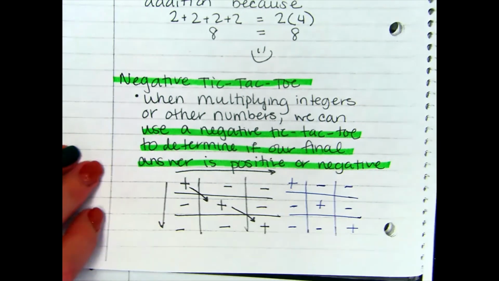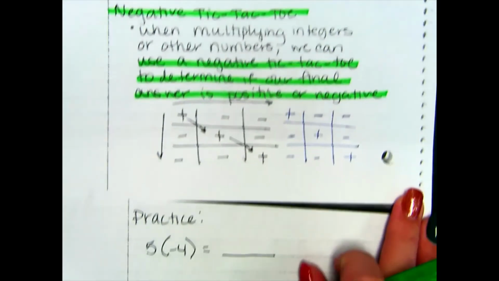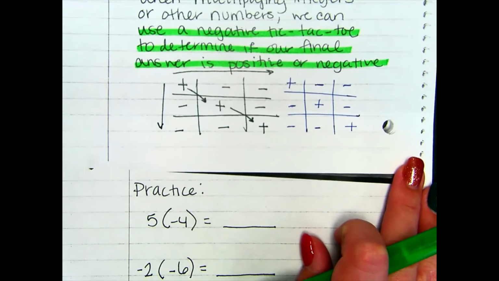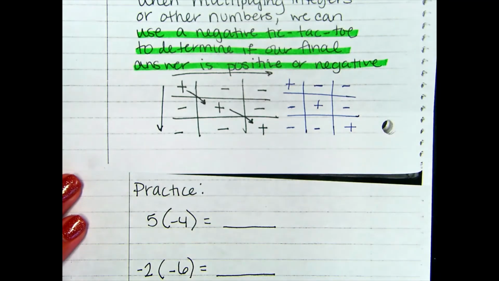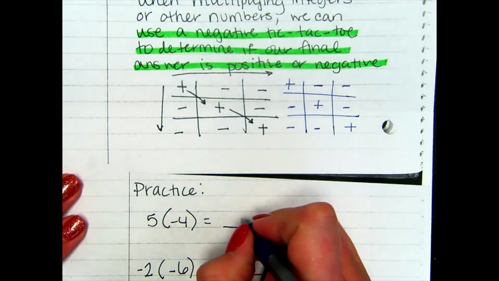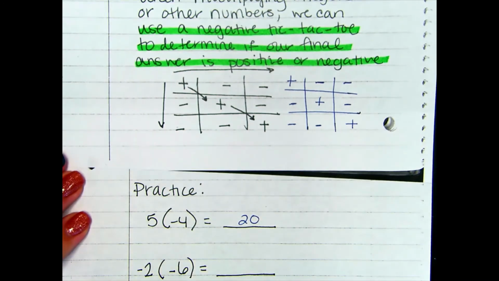So here's this. Let's see if I can get this all on the same page here. Okay. So let's say I've got this practice problem here. 5 times 4. Or in this case, 5 times negative 4. We know that 5 times 4 is 20, so we're going to put 20 down. And now we're going to figure out what is the sign.